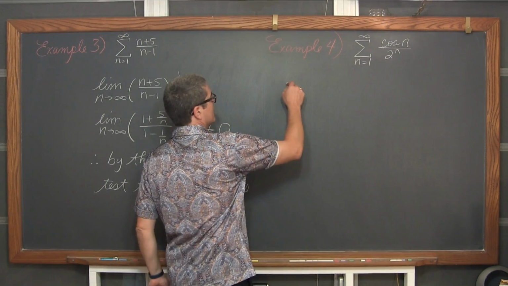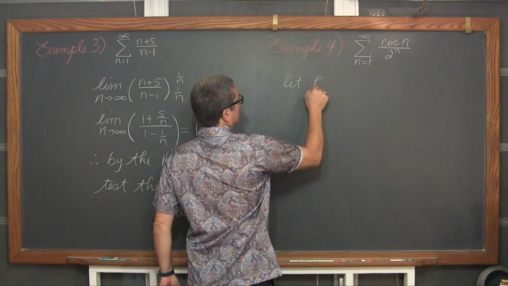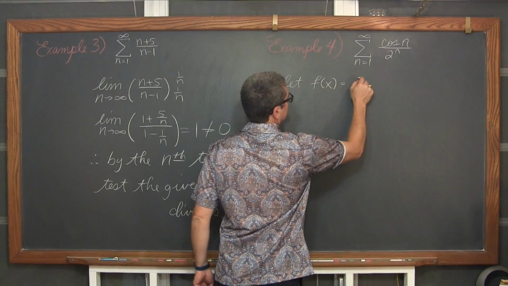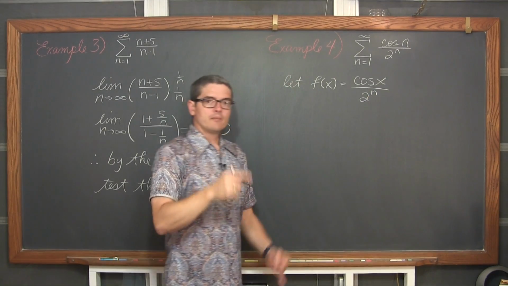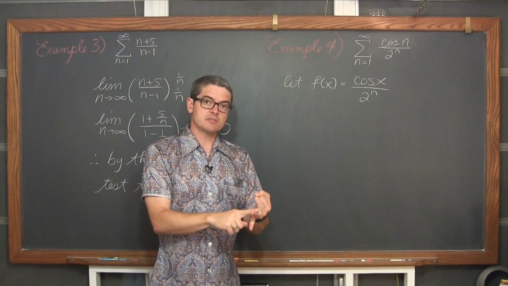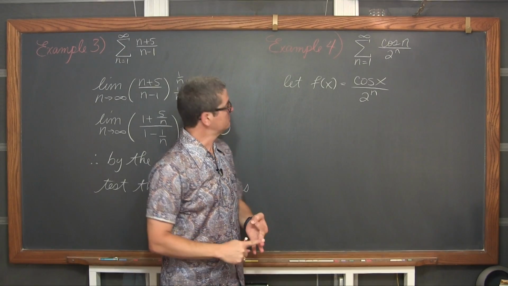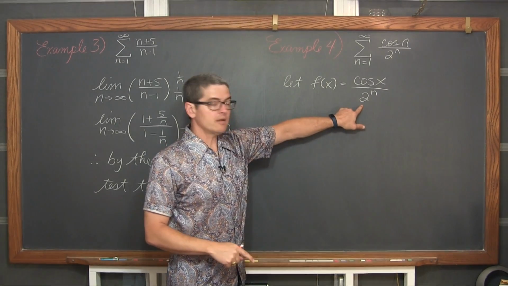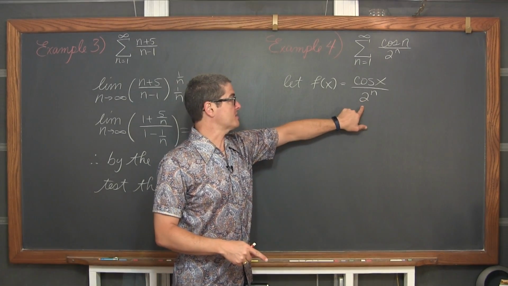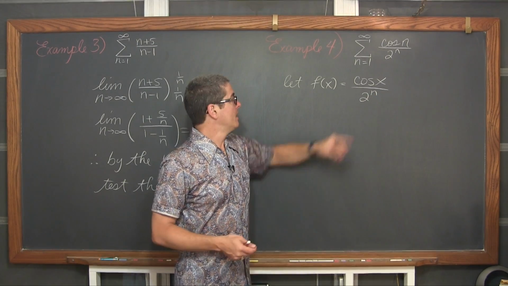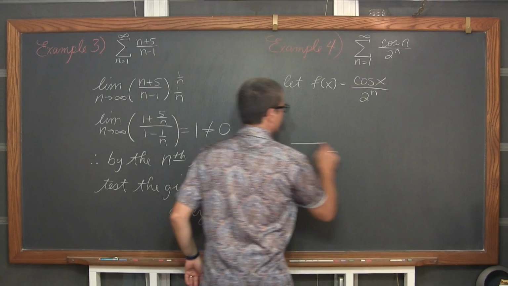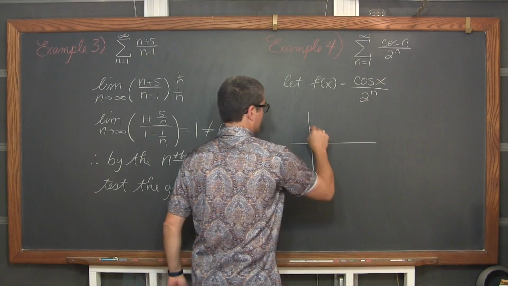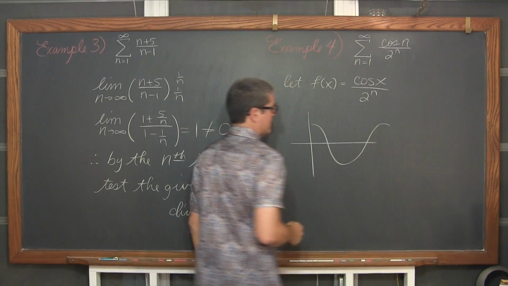But remember that when we say let f of x equal cosine of x over 2 to the x, f needs to be positive, continuous, and decreasing. Our denominator is always going to be positive, with a positive base of 2 being raised to any number, but the numerator is y equals cosine of x, and there's nothing else going on up here to make it more complicated.